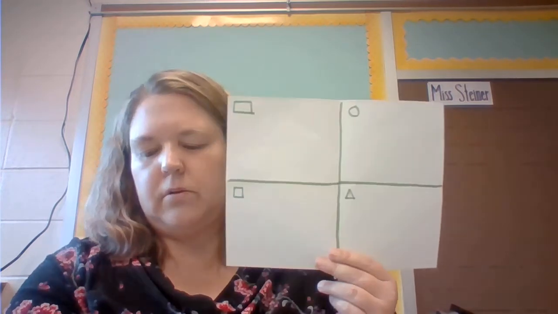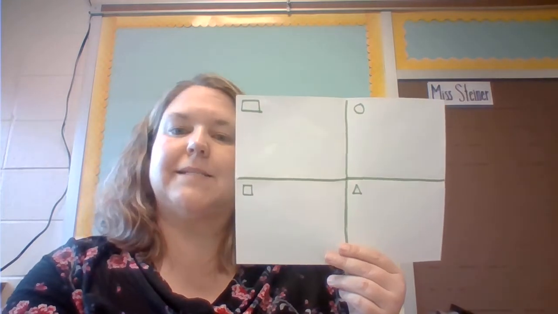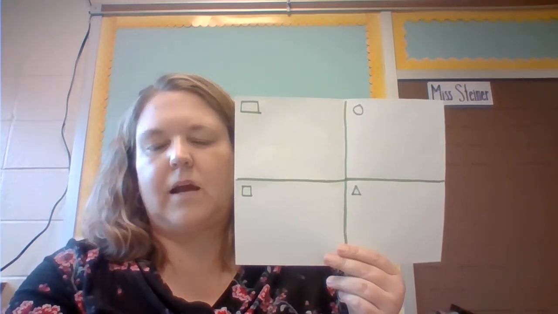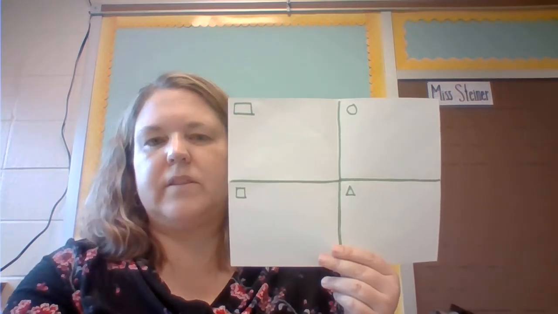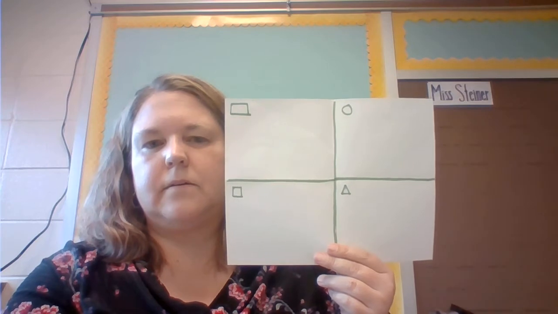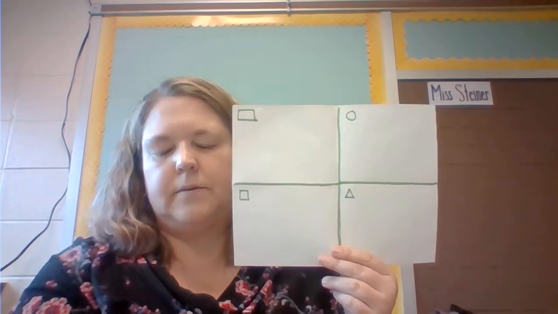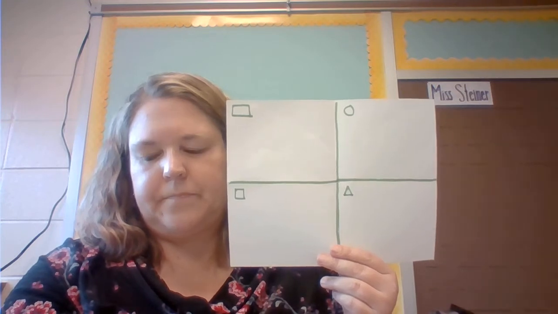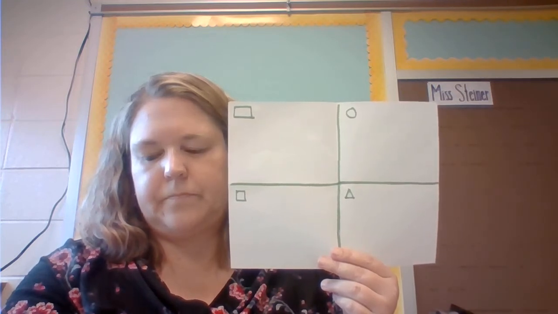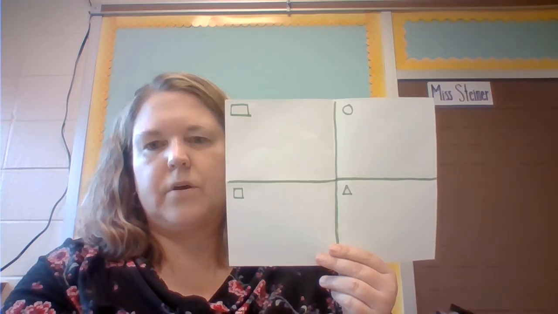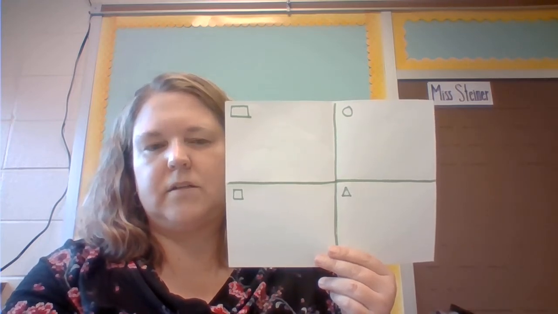Now go to the circle. This time I will say a sound. You're going to write the letter or letters that make that sound. So in the circle, I want you to write the letter that says T. And as you write it, I want you to say T. R, like rat.